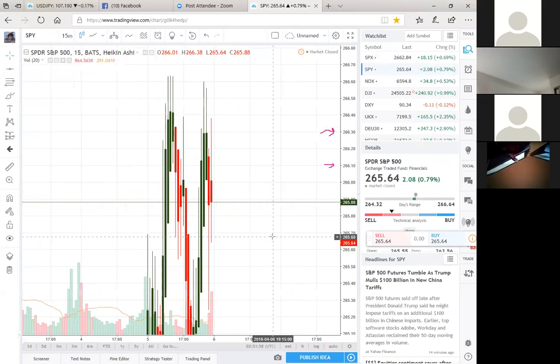Oh wow. What the heck did it do? Oh, you changed pairs. For some reason your currency pairs changed. Oh wow. Okay. You've got to go back and type it in.